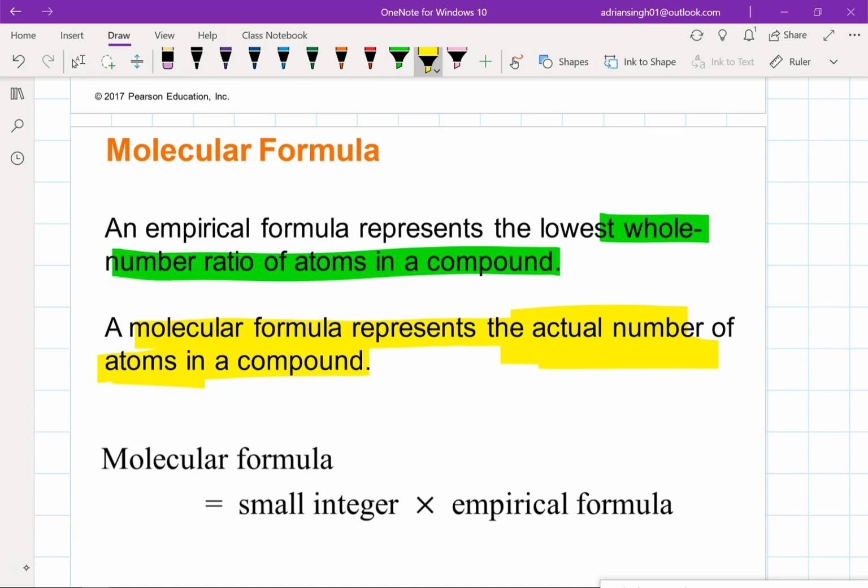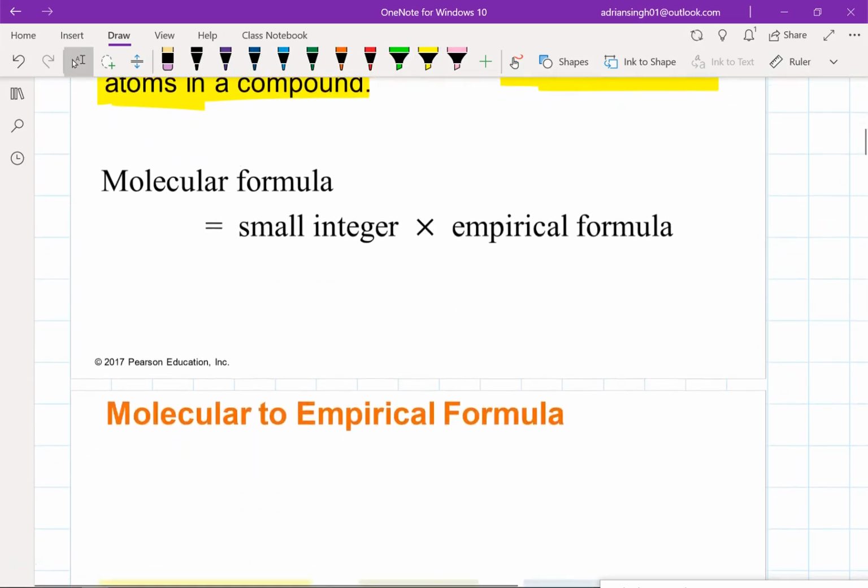So in order to get to the molecular formula, we're going to have to take our empirical formula and multiply it by some small whole number. Specifically, what we're multiplying here are the subscripts from the empirical formula by some small integer, right?